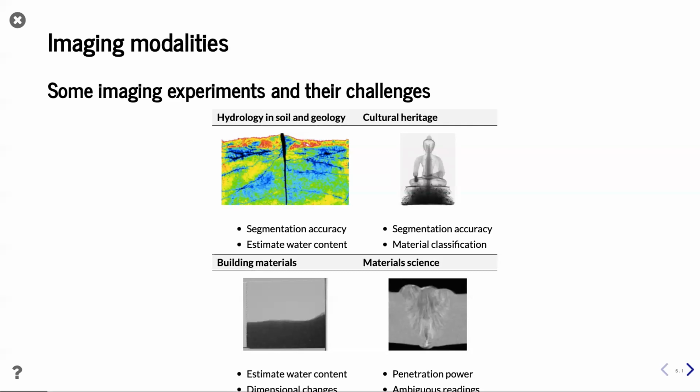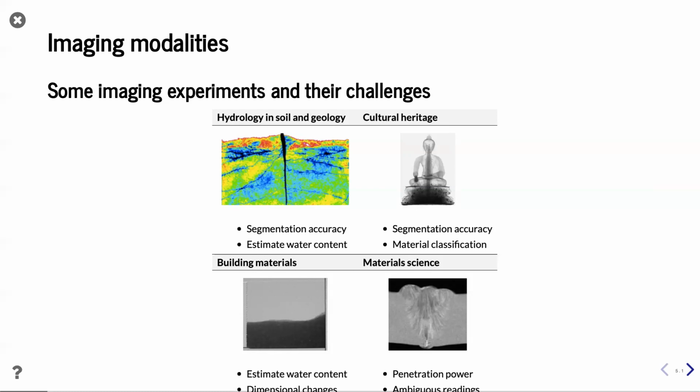Here again, we are talking about segmentation accuracy and also about material classification. Material classification could be, for example, again with neutron imaging, that you want to look at different types of iron. So you have different classes of iron depending on the phase diagram and crystal changes, and that you can actually see.